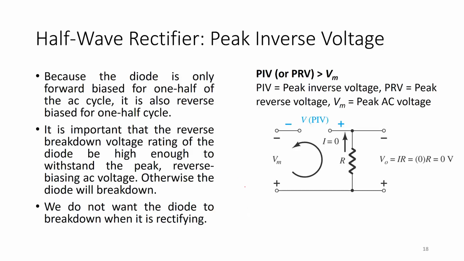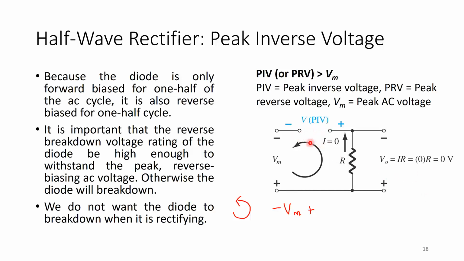If we do a KVL around here, we get negative Vm plus Vout plus PIV. The Vout is going to be 0 volts because this is an open circuit.